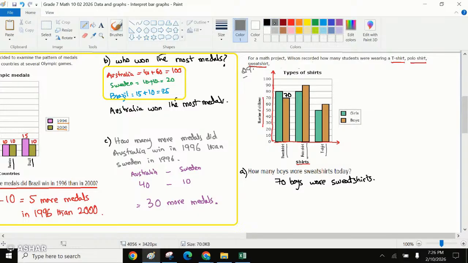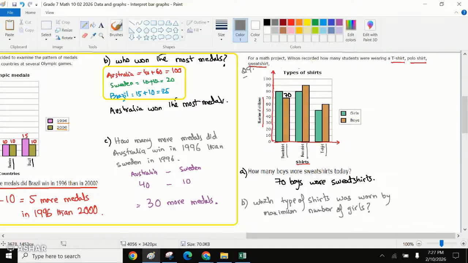Okay. If I would say which type of shirt was worn by the maximum number of girls, so all we need to do is we need to find which the choice.